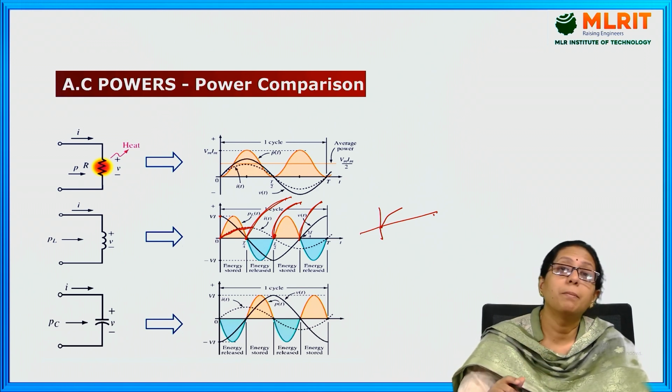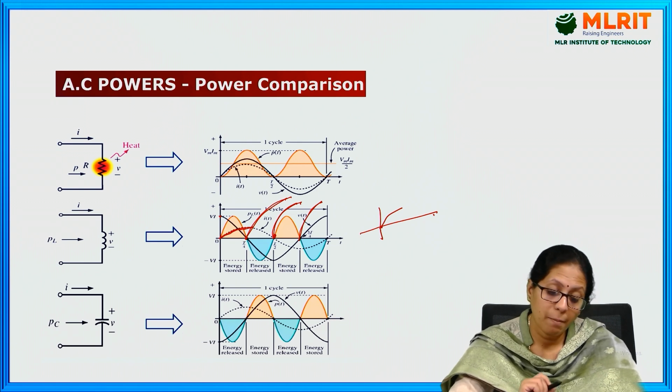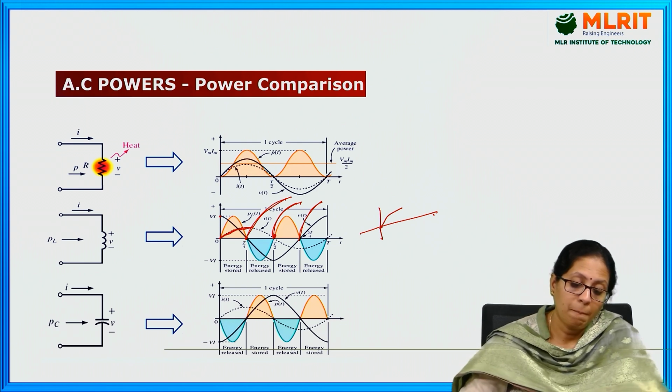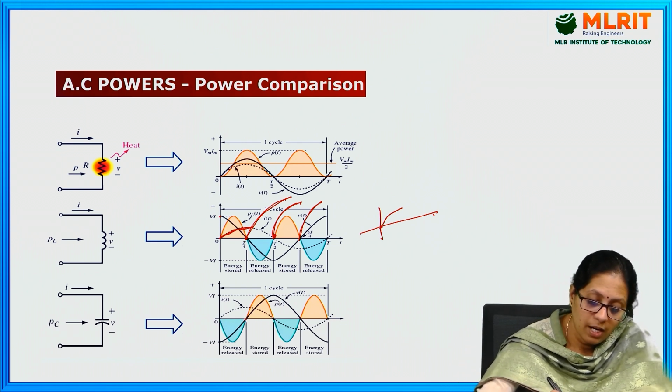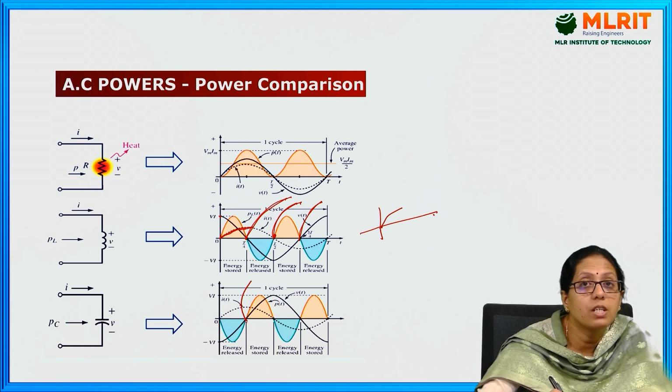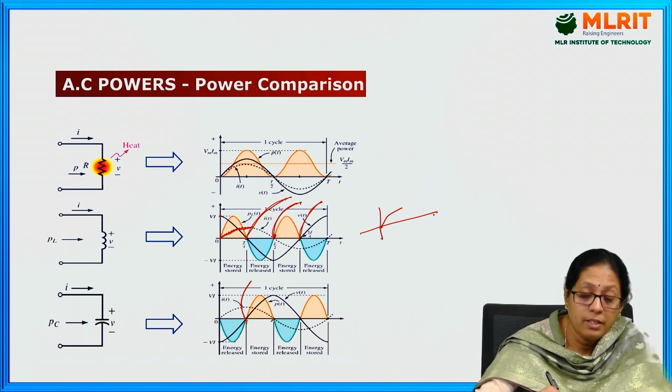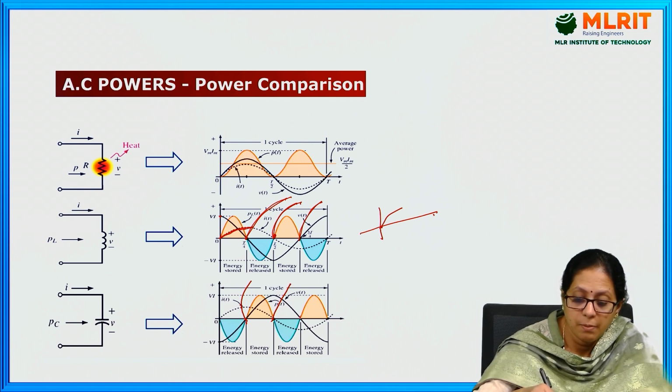In the third picture, the capacitive load, you can also see at this particular point, voltage is 0, current is present. At this point, current is 0, voltage is positive. At this point, voltage is 0, current is negative.